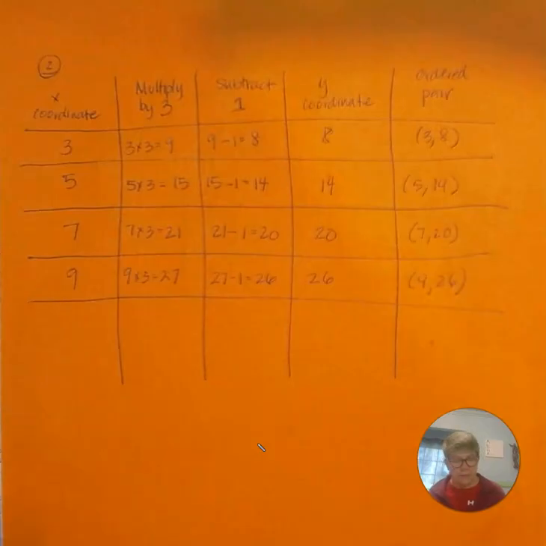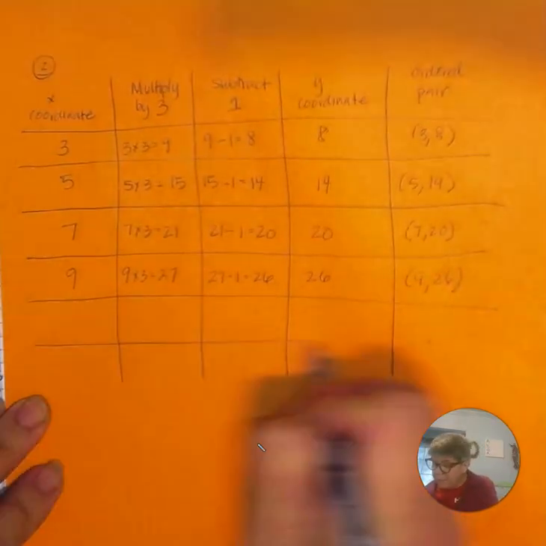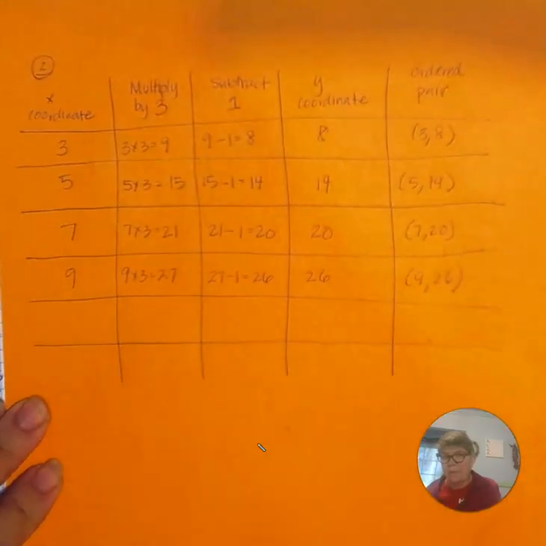Let's talk about this table a little bit. If we add another row to the table, what will be the next x-coordinate? Okay, so we were given all of our x-coordinates. So how do we figure out what our next x-coordinate would be? Because there's a pattern from x-coordinates, right?